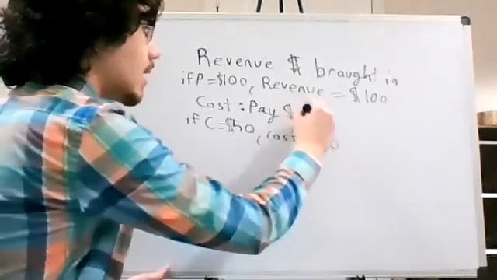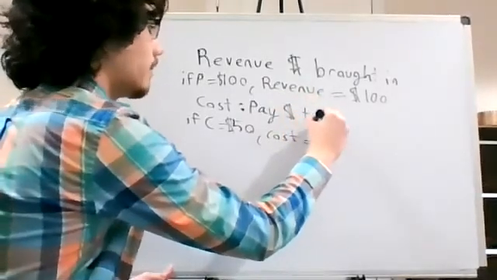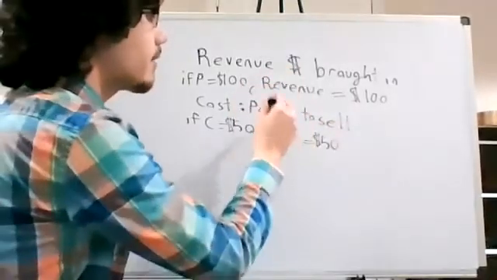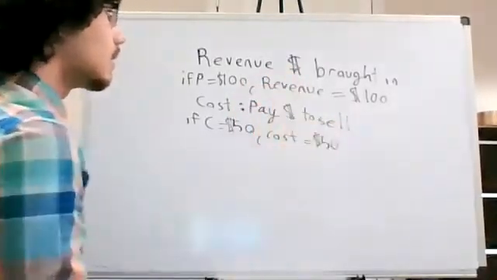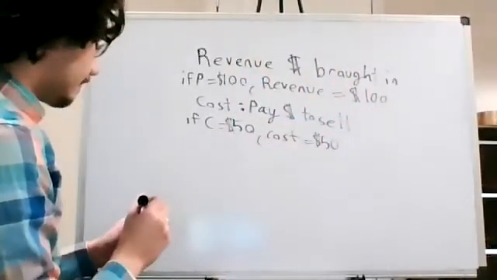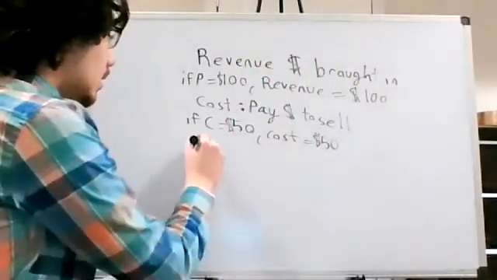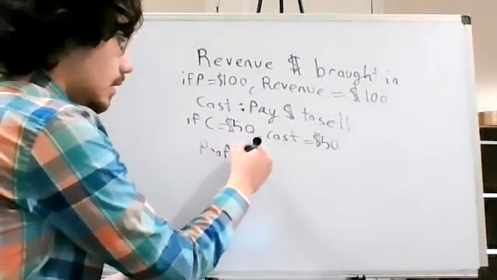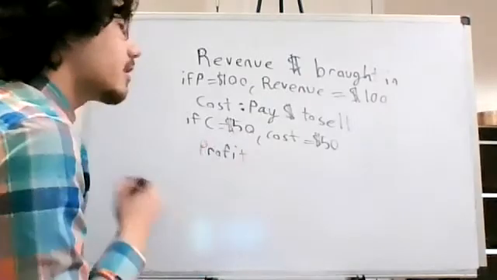So cost is the amount of money you have to pay to sell. Revenue is the money that you bring in from selling, in a sense. Profit is the amount of money that you get to keep.